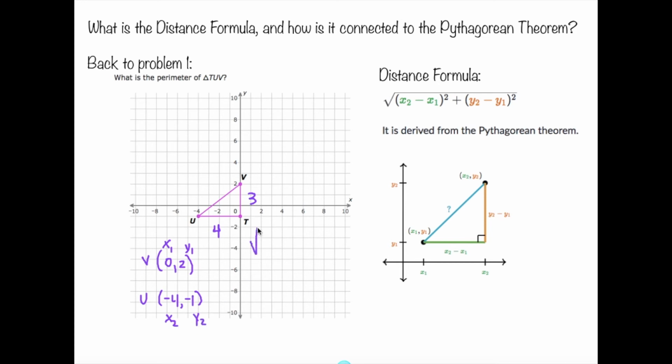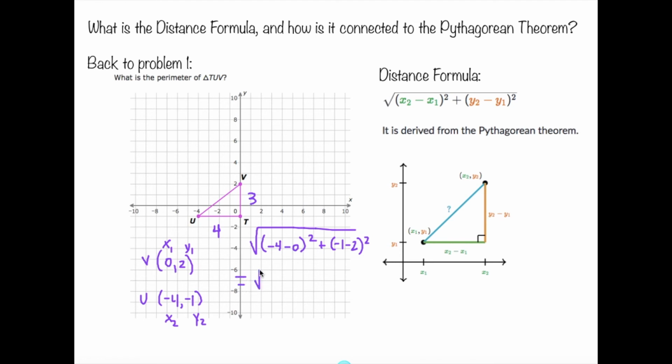And then I'm going to write out our distance formula. It is x2 minus x1, so for us, that's -4 minus 0 squared, plus y2 minus y1 squared, so we need -1 minus 2 squared.